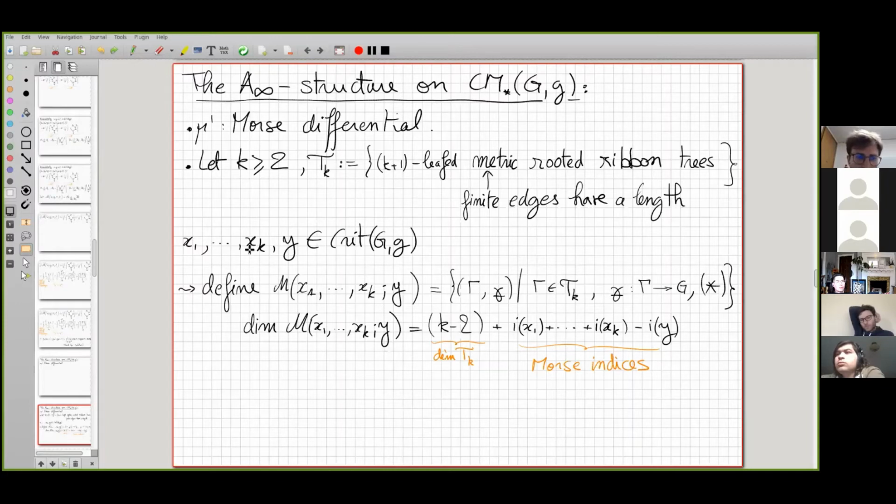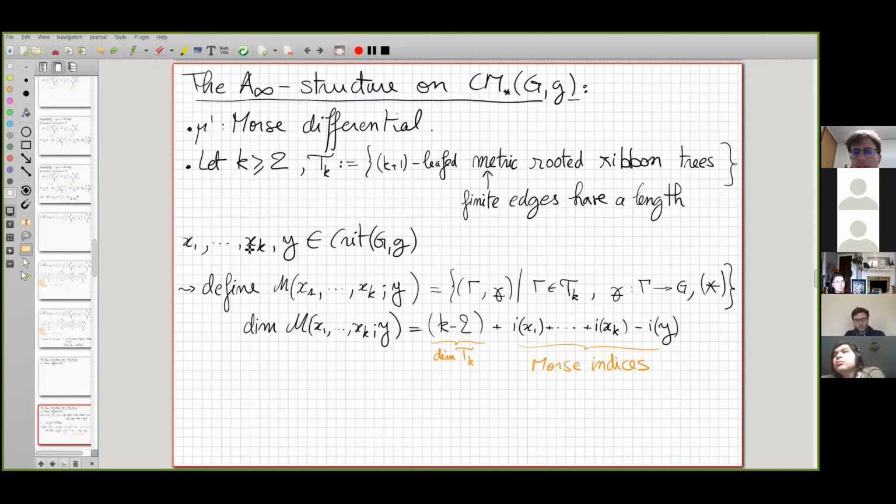And then if you take a bunch of critical points, you can define a moduli space associated to these critical points. I'll tell you later what exactly this moduli space is, but it turns out that this moduli space will have a dimension, given by the following formula.